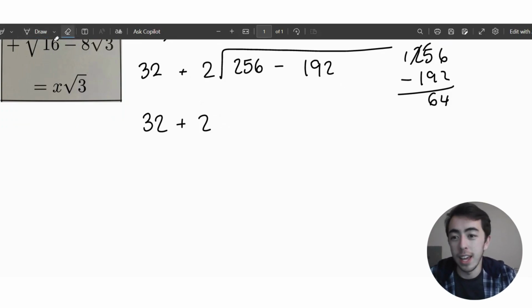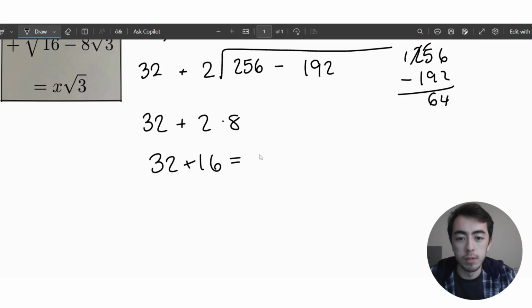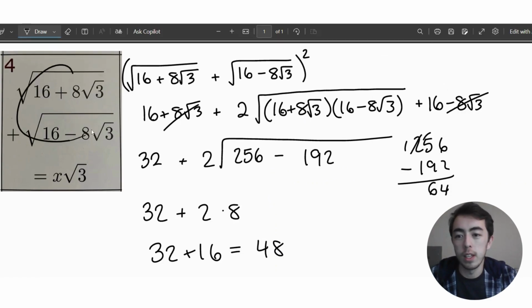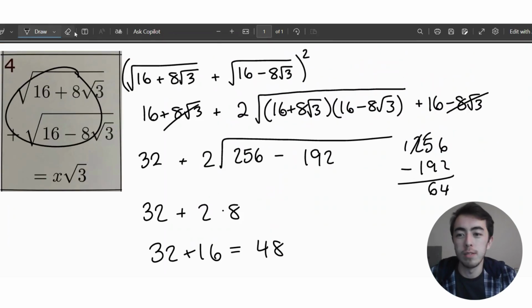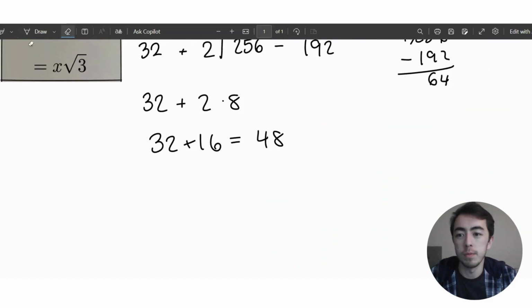That gives me an 8. And then 32 plus 16 gives me 48. So by squaring this, I got the number 48. That's pretty cool. I'm going to call this first part a, just to give it a variable. And so 48 is equal to a squared.